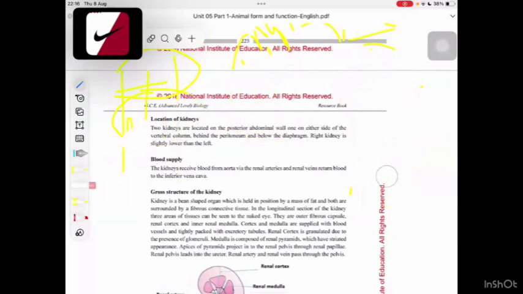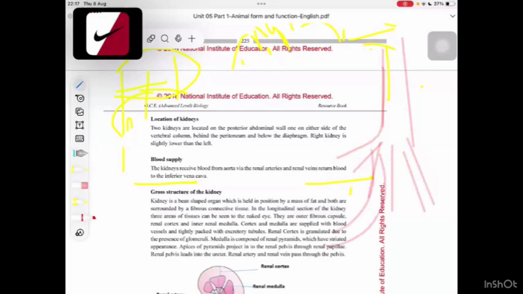Okay, blood supply. The kidney receives blood from the aorta via the renal arteries, and renal veins return blood to the inferior vena cava. The aorta brings blood to all our organs, but it breaks down into different branches. The branch that carries blood to the kidney is the renal artery.